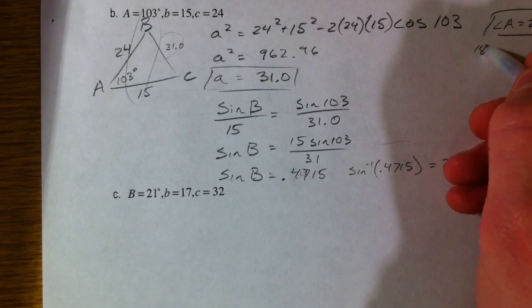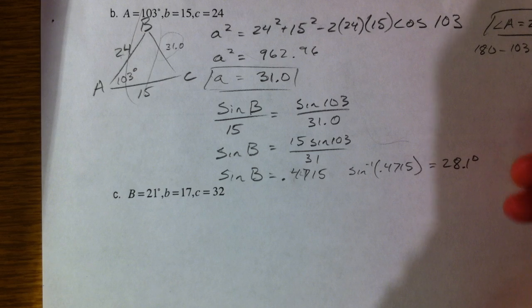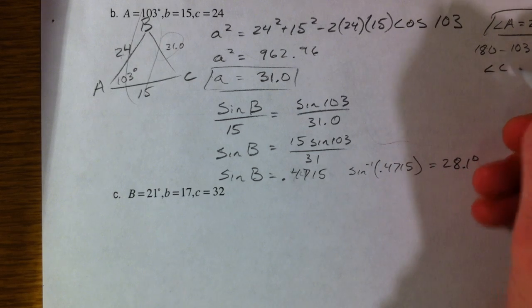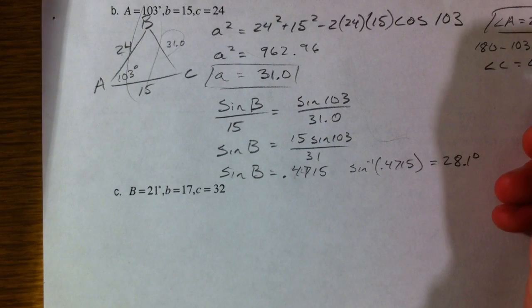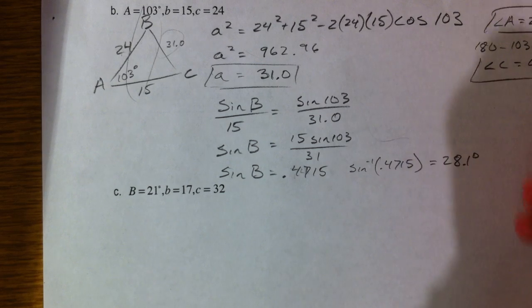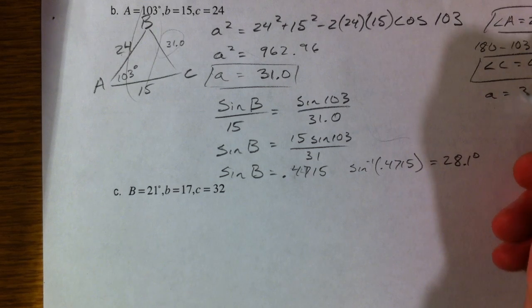And if we subtract 180 minus 103 minus 28.1, we get our angle C, 48.9. And we got side A before as well, and that was 31.